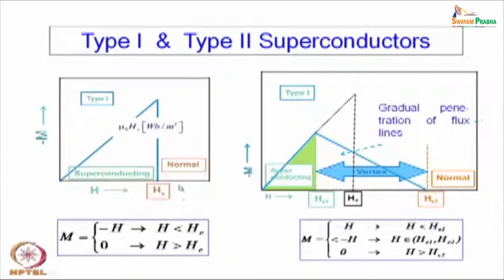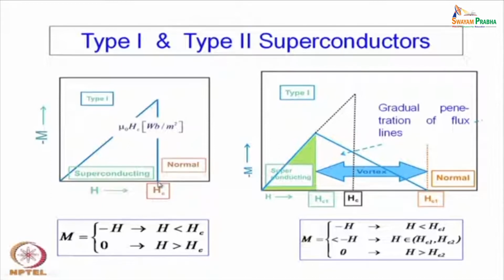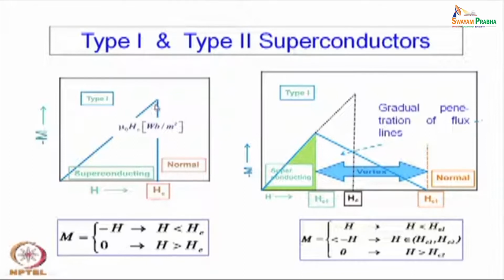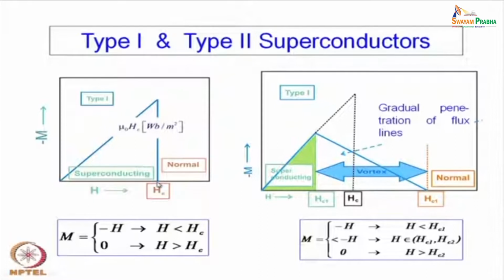So, at Hc there is a critical magnetic field, suddenly the susceptibility becomes 0. Okay. So, from -1 its susceptibility drops to 0, or the magnetization which was equal to -H suddenly becomes equal to 0. So, there is a sudden drop.